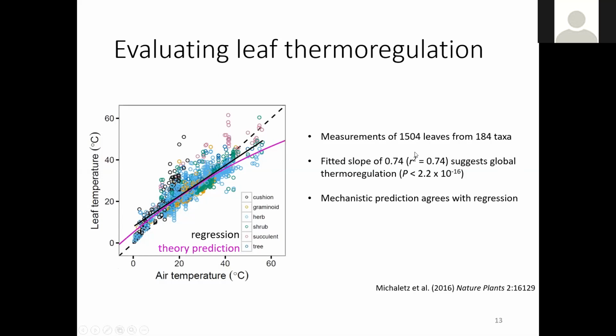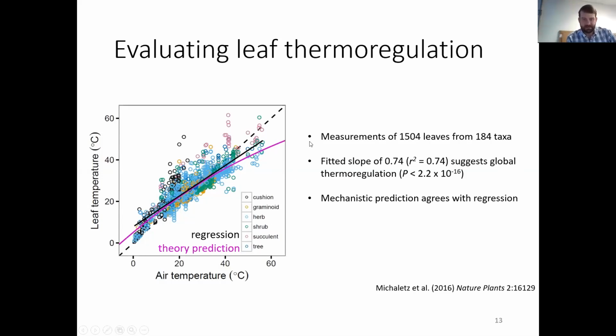So I just want to stress that this pink line is not a regression of any sort. This is a prediction from first principles of energy balance, parameterized using GlopNet leaf trait database data. So this pink line is completely independent of any of the points plotted here.